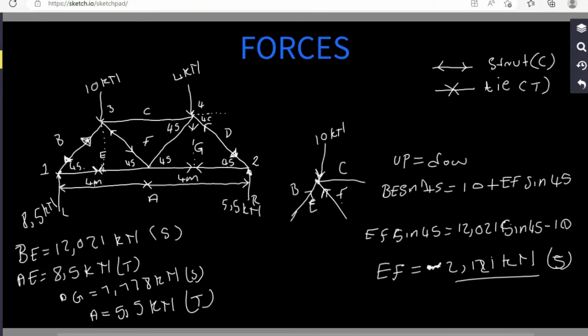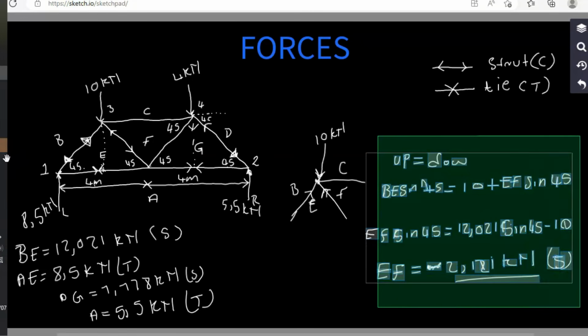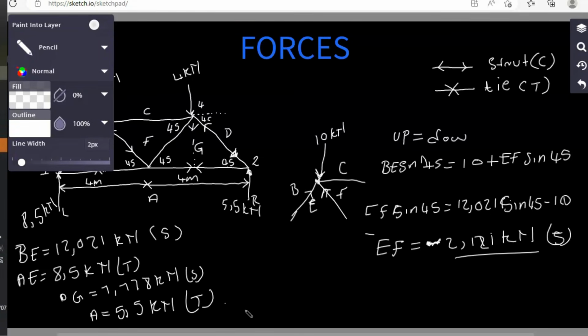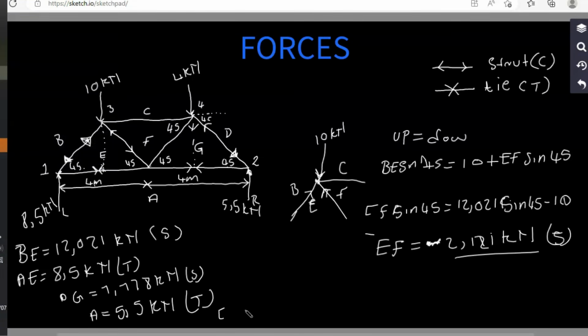And then from there we have to get CF. So I'm going to remove this. Oh, before we remove, let's record the value of EF. We come here and say we now have EF as well.